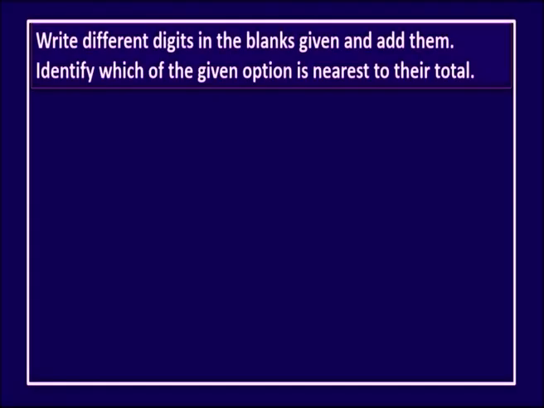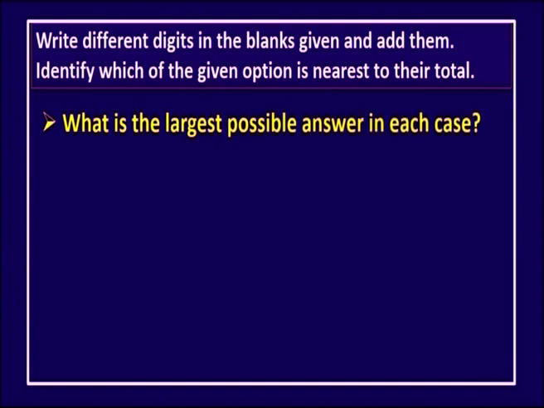Write different digits in the blanks given and add them, and also identify which of the given options is nearest to their total. So let us see the first question. What is the largest possible answer in each case? A 2-digit number is given, tens place we have 8, and the ones place is an empty box.